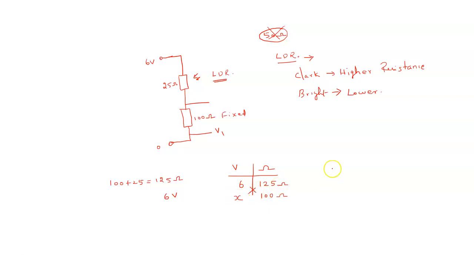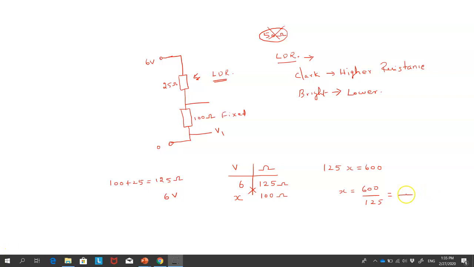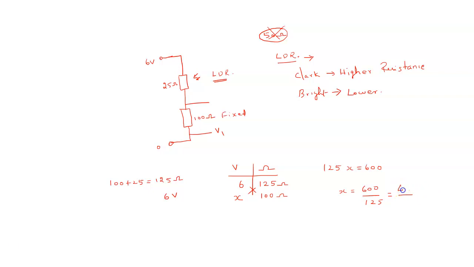Cross multiply. 125x is equal to 600. So x is equal to 600 divided by 125. So it is 4.8 volts, like that.